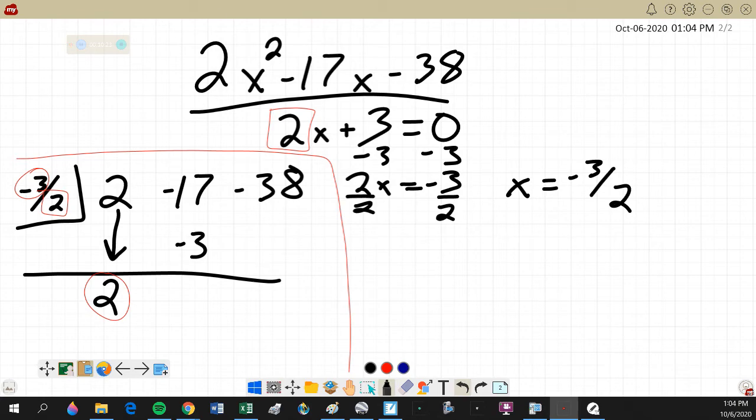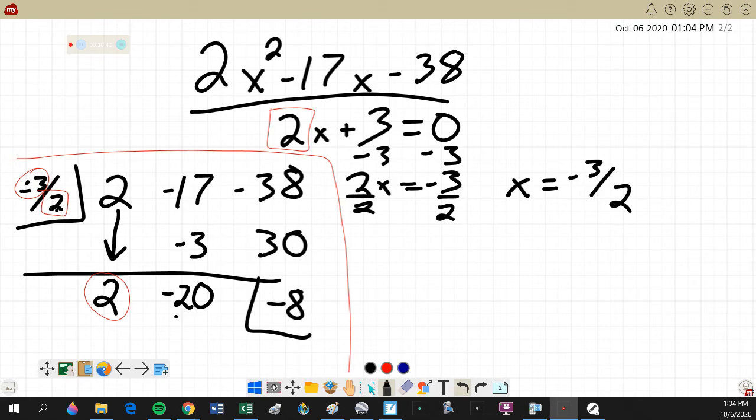So negative 17 minus 3 is negative 20. What is negative 3 times negative 20? It's positive 60 divided by 2 is 30, which gives me a remainder of negative 8.